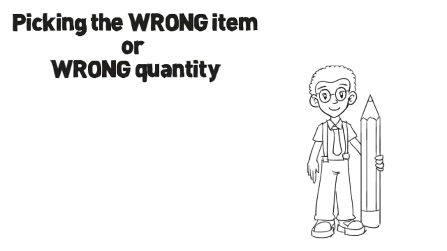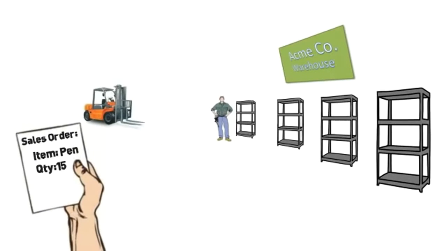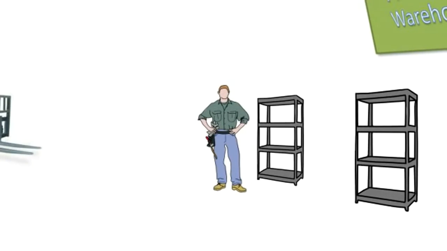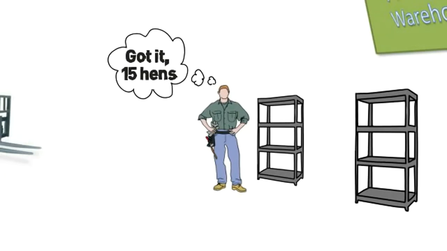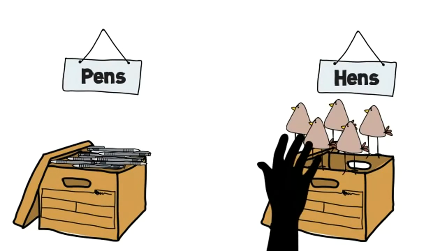Gerald here realizes that his pencil is ridiculously large and very impractical, so he orders himself 15 new pens. He sends his order into Acme Co., and Simmons is given the responsibility to pick and pack his order. But Simmons' hearing isn't too good, so he mistakes the order for 15 hens. Now, Acme Co. prides itself on being the largest supplier of both pens and hens in the Northwest, so Simmons doesn't think twice about the order and packs up the hens.